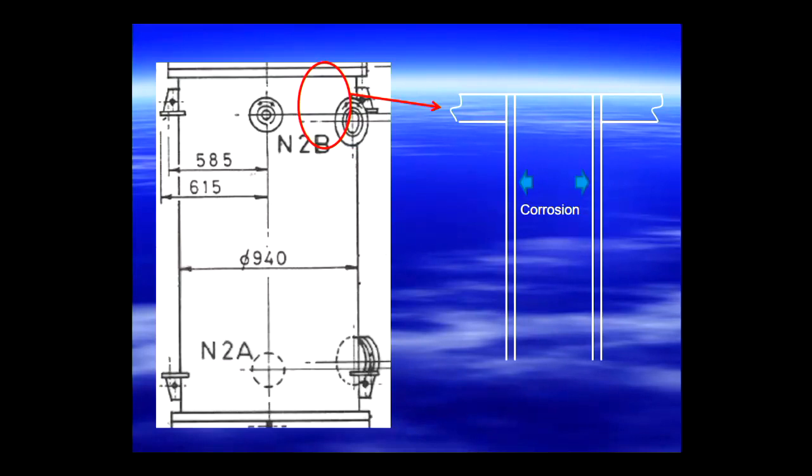Consequently, when any of these materials with about 20% chrome are exposed to air, which is always, they form a layer of chrome oxide on the surface. This layer is typically less than 10 microns thick.